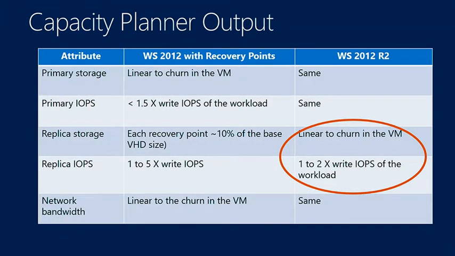Next, let's talk about some of the specifics here. The first thing to talk about is, because people ask about CPU and memory, there's practically no overhead for CPU and memory. For storage, it's not a big deal. For IOPS, there is an impact.